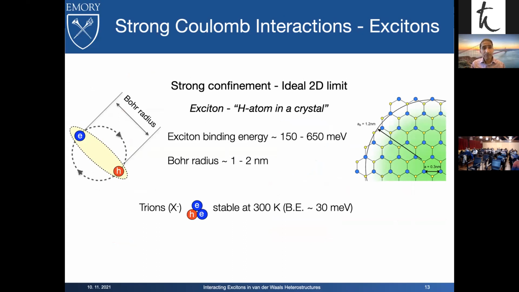The two-body exciton that you create is going to be very tightly bound, with a binding energy of half an eV, pretty large. The Bohr radius is very small. You can also have trions, which are charged excitons, which are stable at room temperature. So that's the first thing.